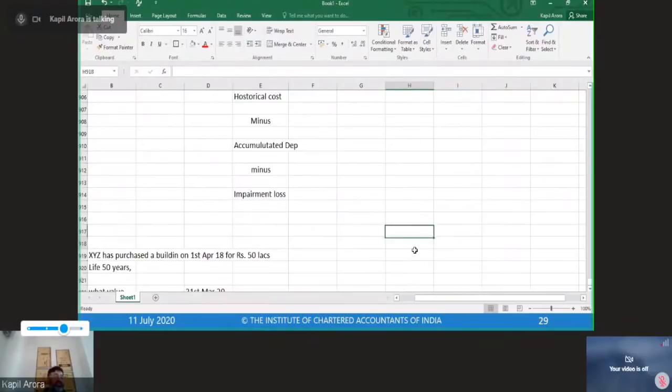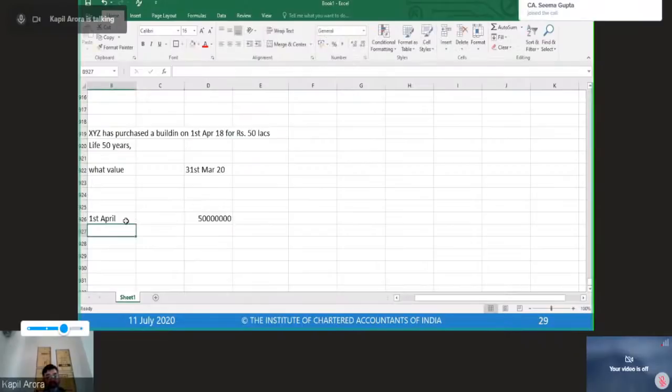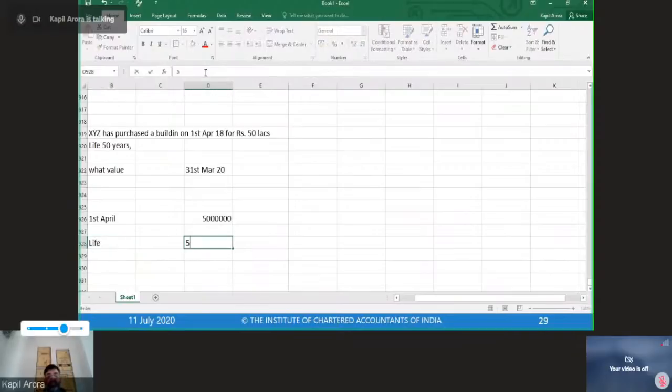So two models which we discussed, one is cost model, another one is revaluation model. So the cost model which we have talked about, everybody has answered. If the cost on 1st April is 50 lakhs, that is the historical cost. Depreciation would be based on the life. Life is 50 years.